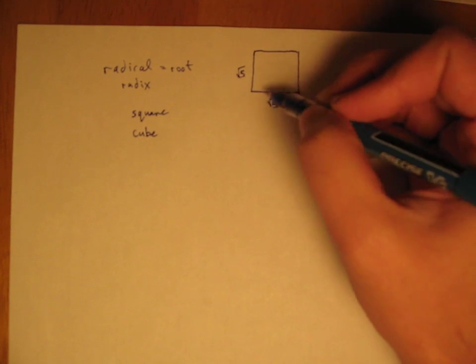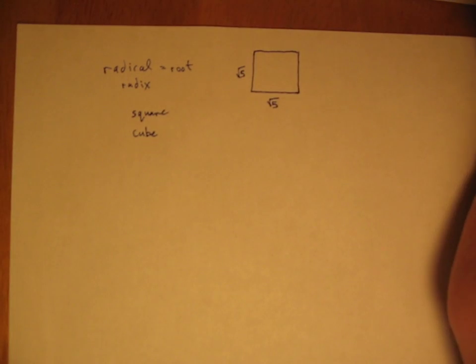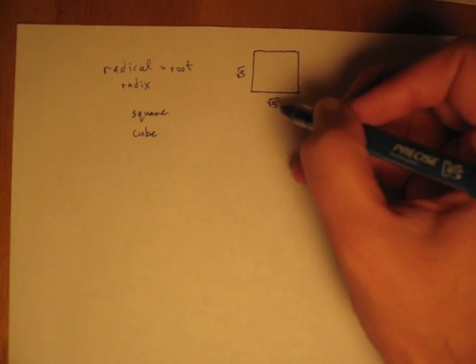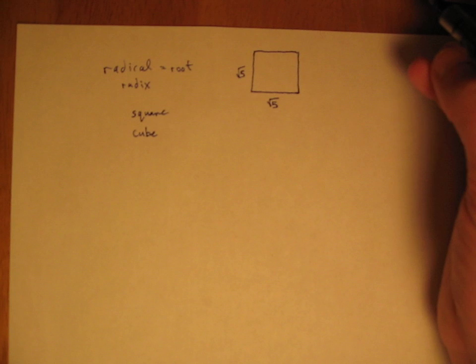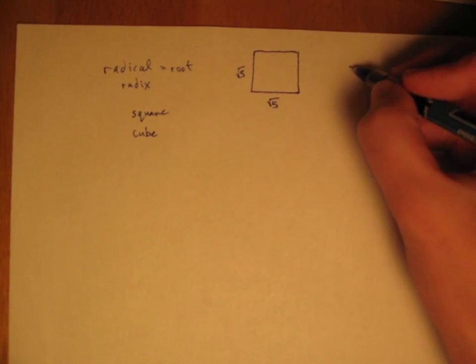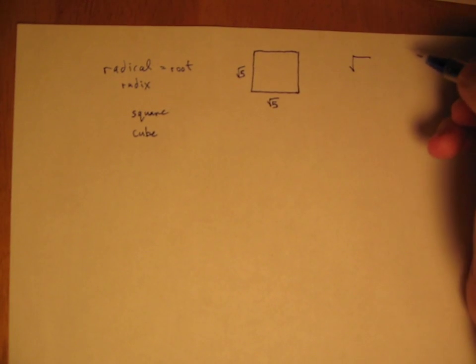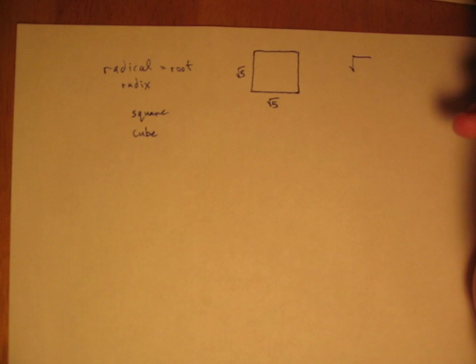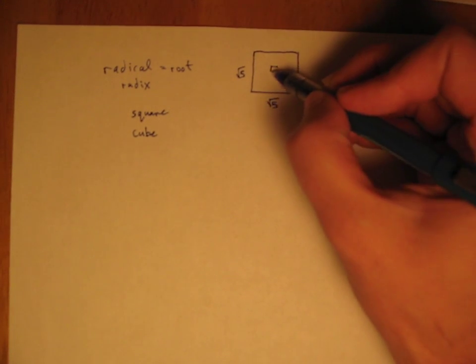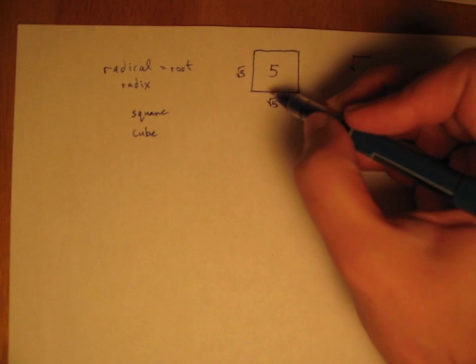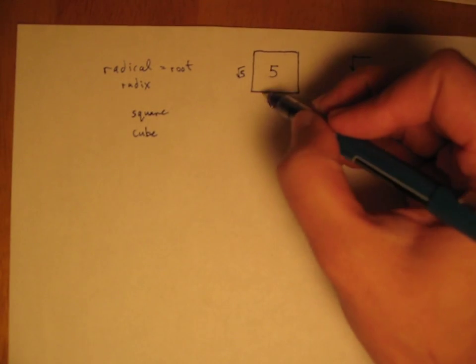Because this is root 5 by root 5, and by definition a square root is the number that when multiplied by itself gives you the number that's hiding underneath this sign, which by the way is just a lowercase r for root or radix or radical. And so the area of this square is 5. So this is the square and this is the square root.